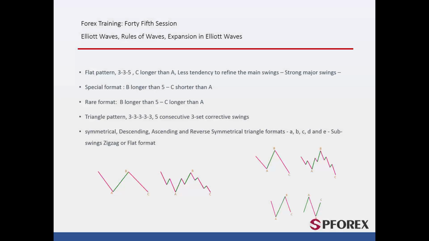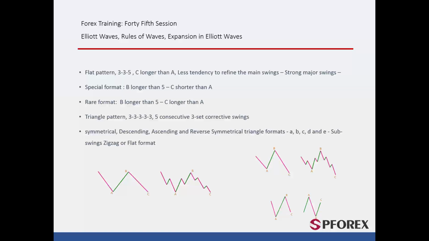Flat is another type of corrective swing. 3-3-5, in which swings are named A, B and C. C has a higher price than A, which shows less tendency to refine the main swings. Frequently, this type comes after strong and vigorous latest major swings, numbers 1, 3 and 5.